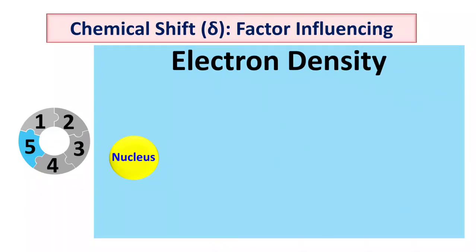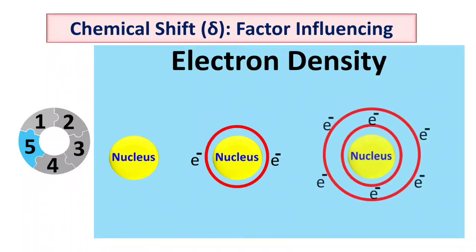So consider we have a nucleus that does not have any electron density. So it's a kind of naked nucleus. For the time being, we can consider the proton. Now in the next case, the active nucleus has electron density moving around it, and if you again increase the electron density, what happens here?